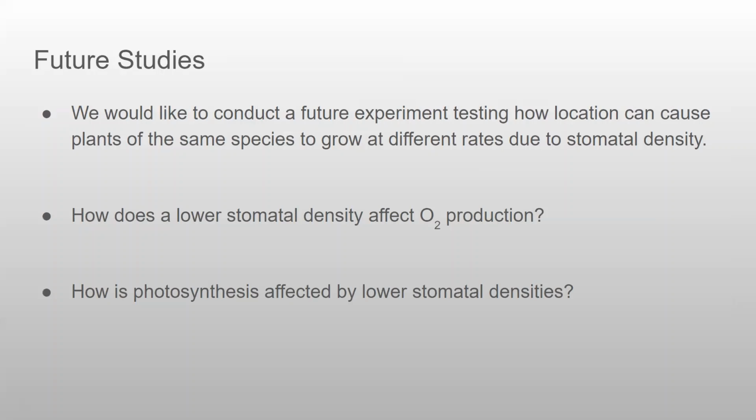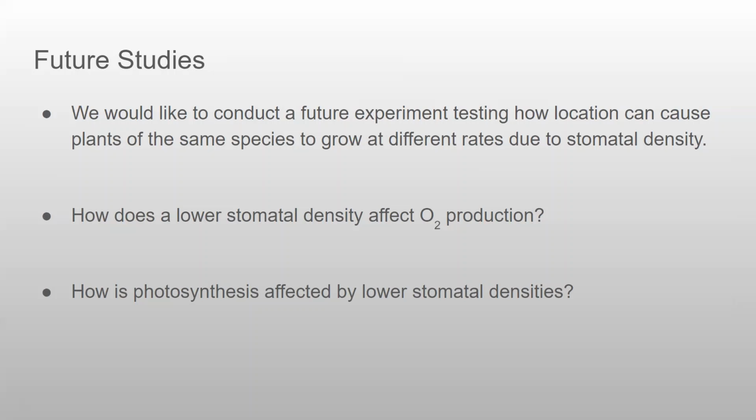We would like to conduct a future experiment testing how location can cause plants of the same species to grow at different rates due to stomata density. This experiment could be conducted here on the Southwestern Oklahoma State University's campus with a variety of species.